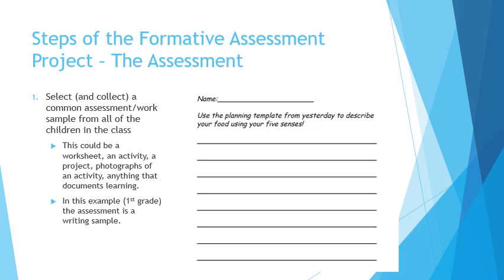In this example, the example that I've included to the right, this is from a first grade classroom, and the assessment is a writing sample. As you can see, it is asking the children to use the planning template from yesterday to describe your food using your 5 senses.